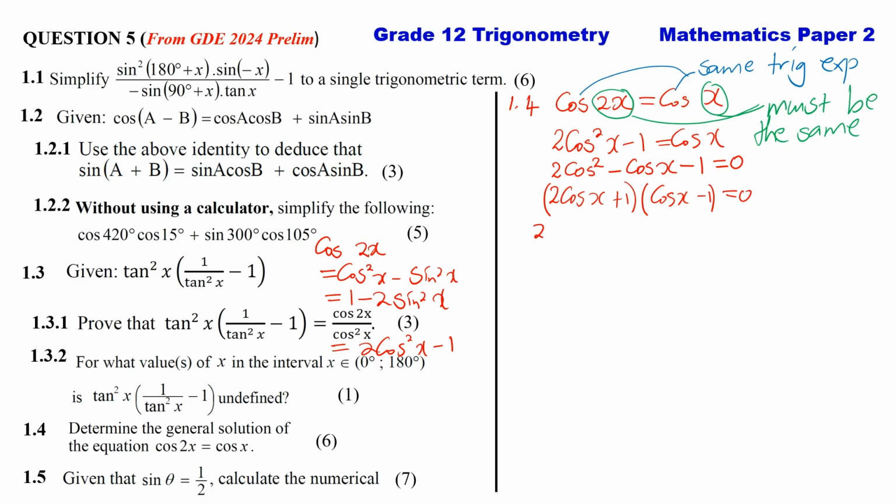Then I complete my equation. 2 times cos x plus 1 is equal to 0, or the cos of x minus 1 is equal to 0. So from the first bracket, we can make cos x the subject. Cos x is equal to minus 1 over 2. And then in the next one, the cos of x is equal to positive 1. That is my equation.